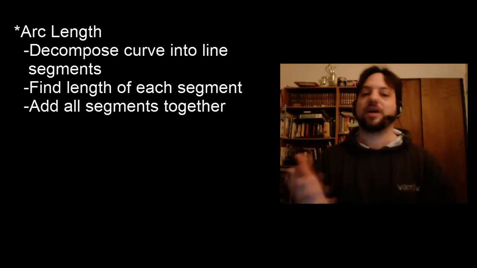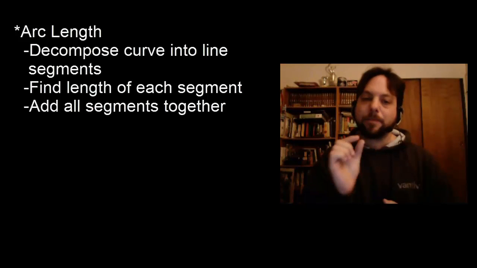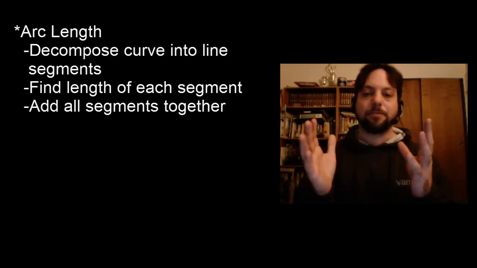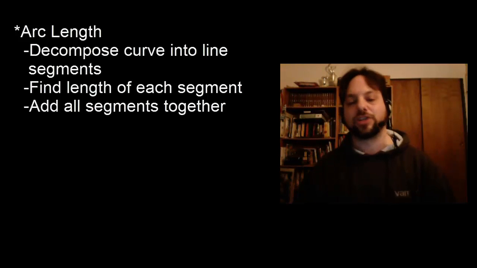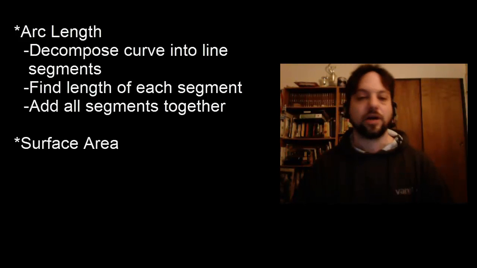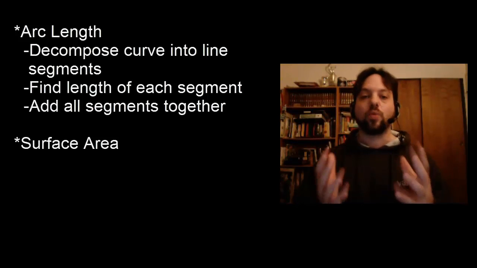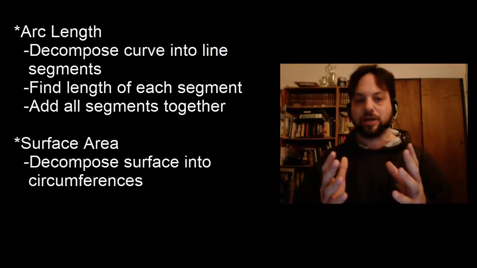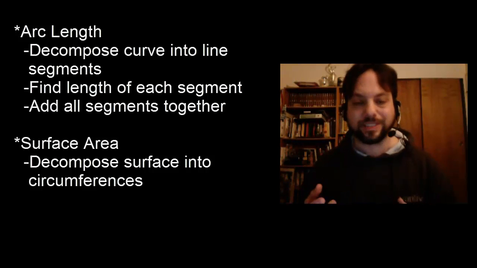So, as we've done 100 times with calculus so far, it's simply adding up a bunch of little things to end up with the big overall thing. After we did that, we moved on to looking at the surface area for solids of revolution. And again, really all it was a decomposition of that surface area into a bunch of circumferences.